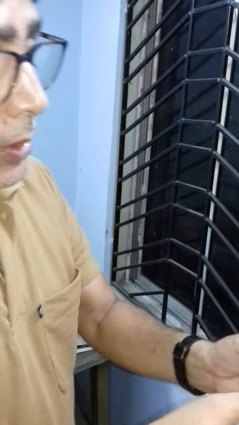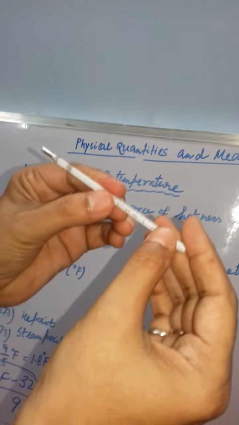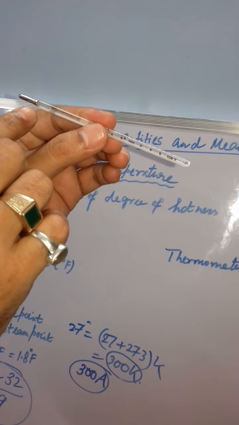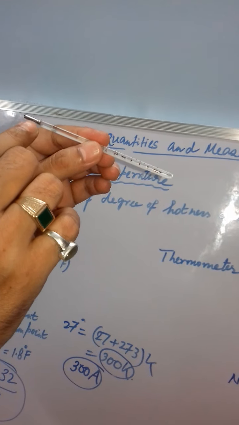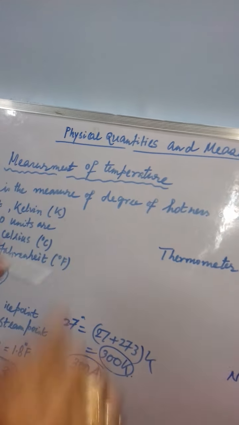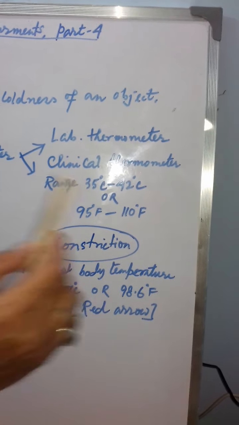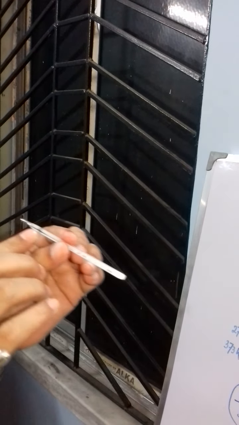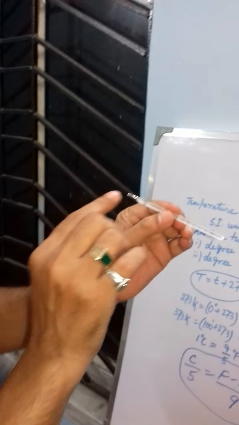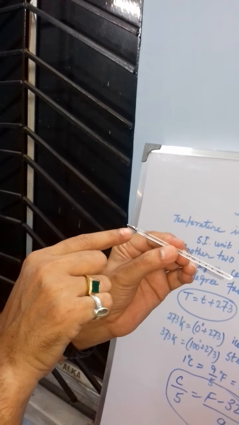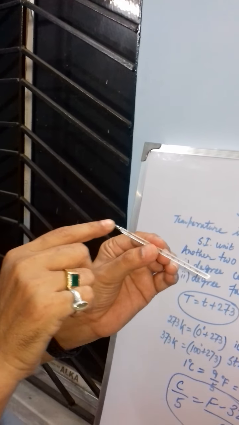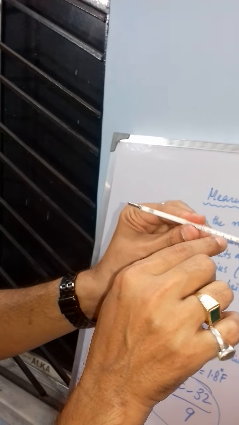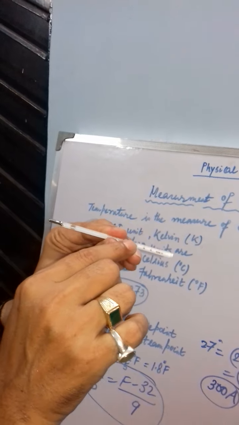Okay. Now you see that at the mouth of the clinical thermometer, a slight bend is there. This bend is known as the constriction. Why? Whenever you place the thermometer to measure your body temperature, by absorbing the temperature from your body, the mercury thread will increase and go to that side to indicate your body temperature.